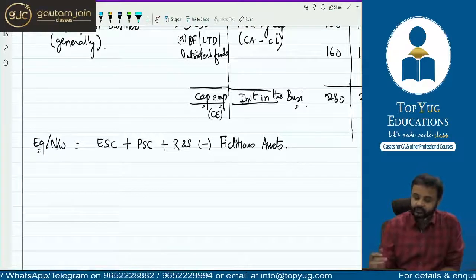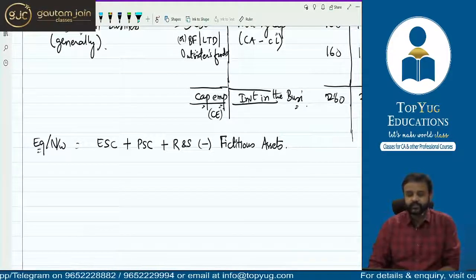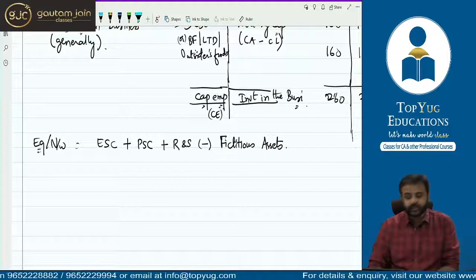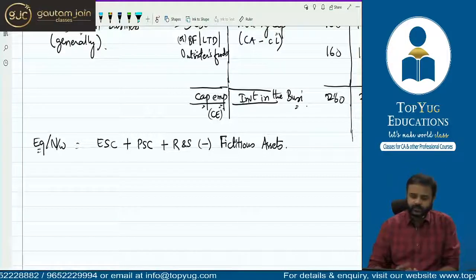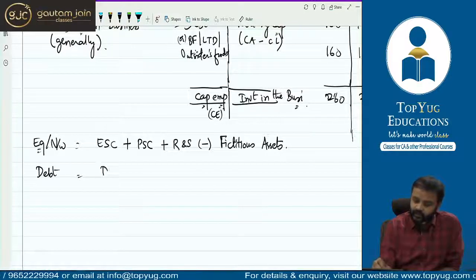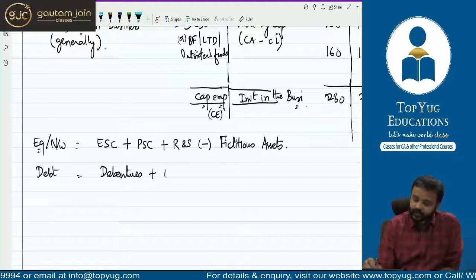Then coming to debt. Debt means what? Long-term debt, borrowed, unsecured loan, secured loan for long-term purpose. It can have debentures as well. So if you want, I can write that as well. Debt, meaning you're talking about debentures, correct? We're talking about long-term loan.